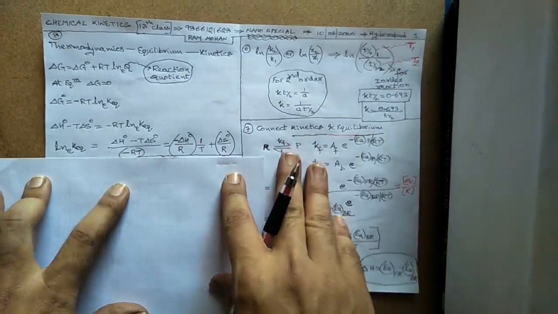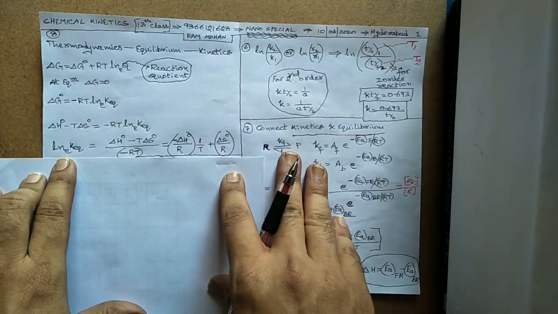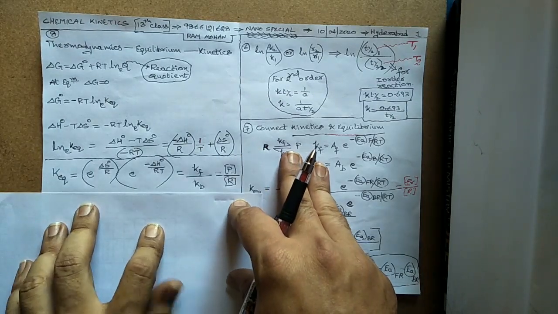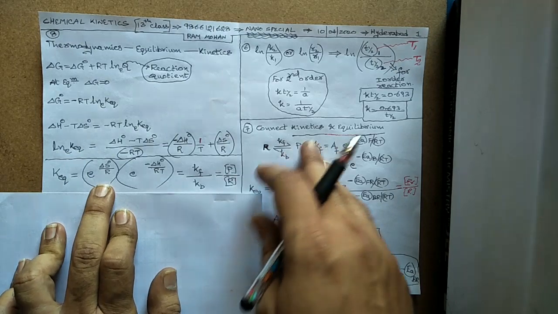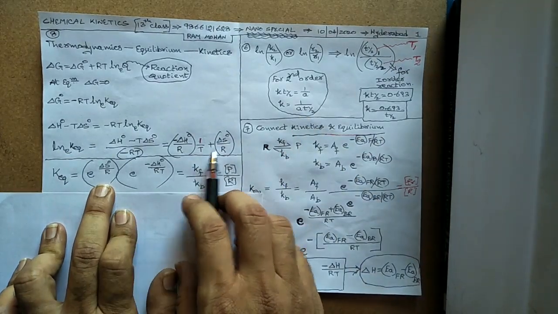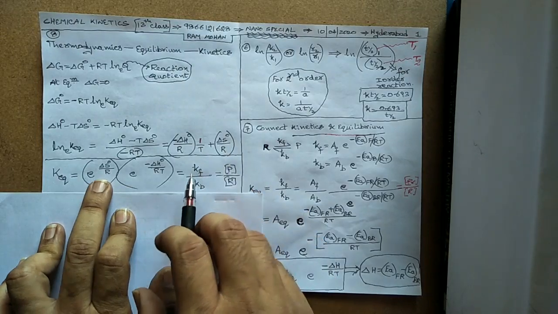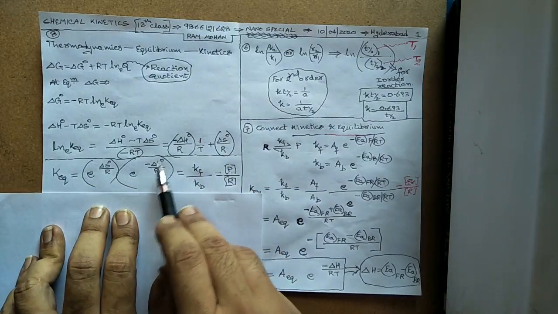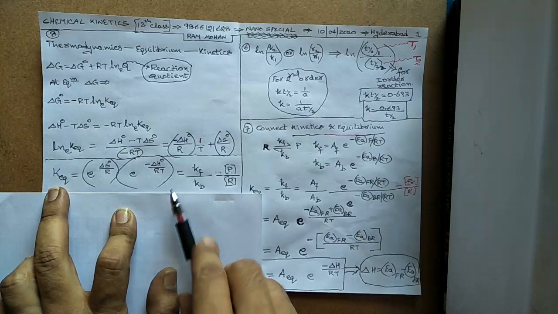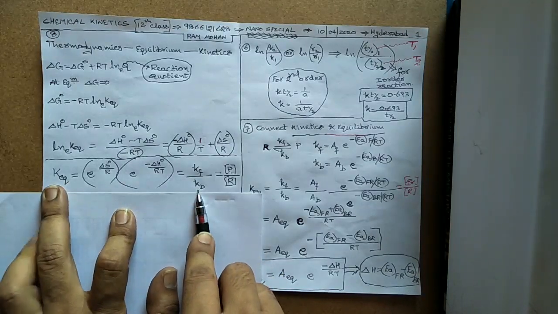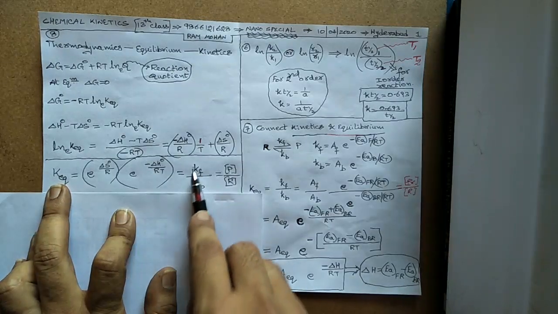So that's what we get. Now continuing further, when I want to write K equilibrium, this E goes to the other side. So what will I get? I'll be getting this part. K equilibrium is equal to E to the power this plus that, means E power this into E power this. So E to the power delta S naught by R into E to the power minus delta H naught by RT, which is equal to Kf by Kb. This is an equilibrium constant, capital K. These two are small k's that we have written.